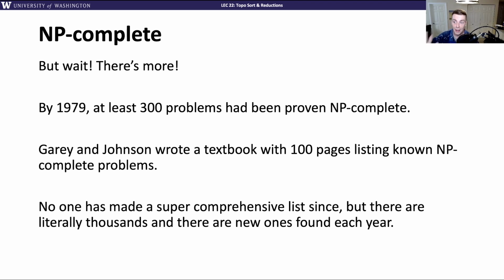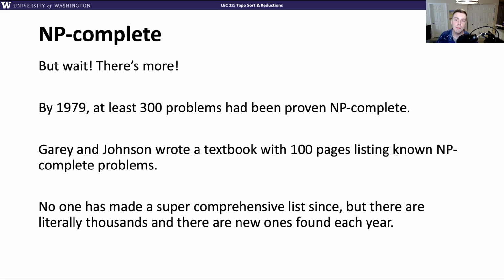Now, but wait, there's more. As of 1979, which was, note, a long time ago, there were at least 300 problems proven to be NP complete. Garey and Johnson wrote a textbook where 100 pages of the textbook were just dedicated to listing NP complete problems.